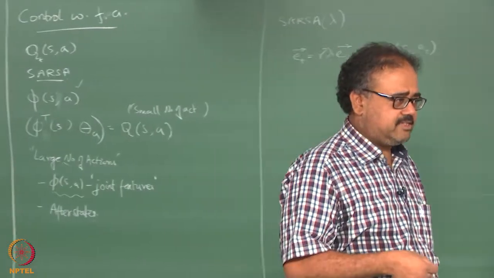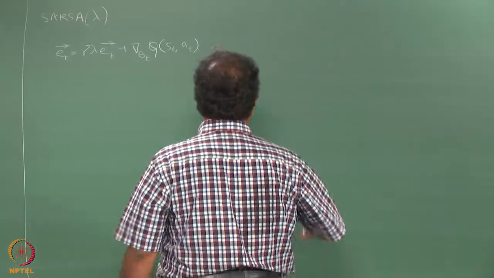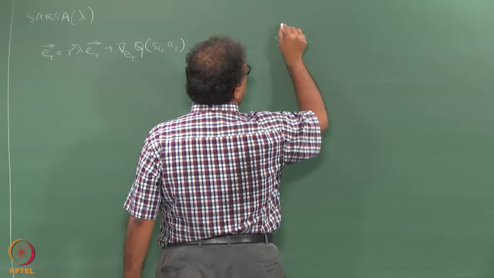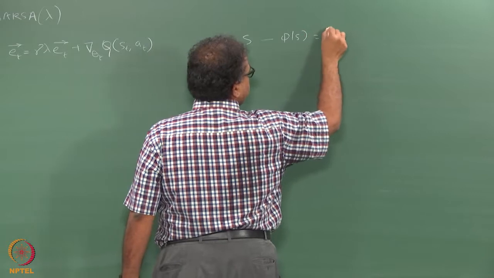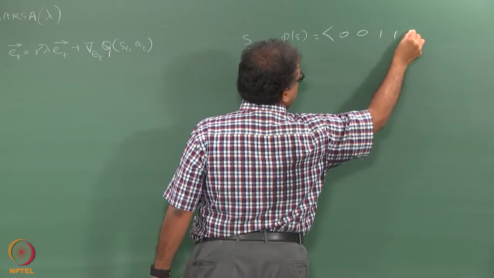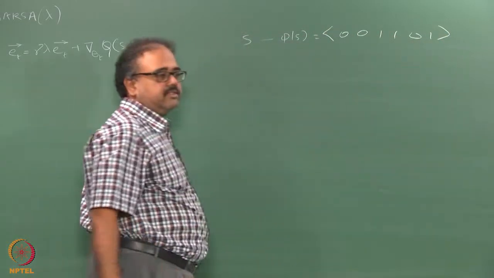If my representation is such that for every state, take some state S, and my phi of S is something like this, okay.